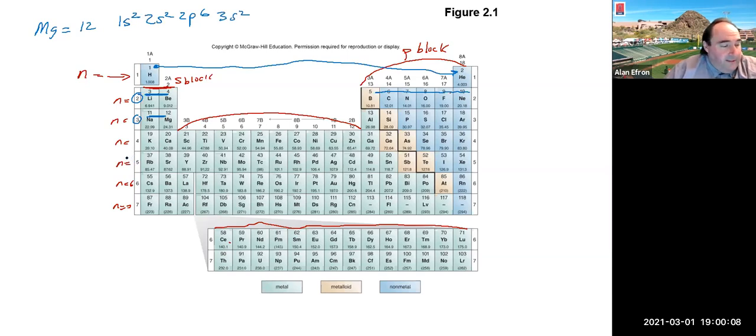The problem is, and we'll talk more about it next time, when we get to here, which is 4, this is 4s. And if you remember, what comes after 4s on our zigzag is 3d. So right here is actually 3d. This would be 4d, this would be 5d, this would be 6d.